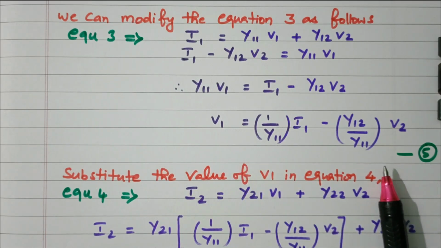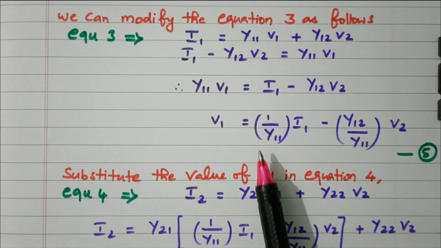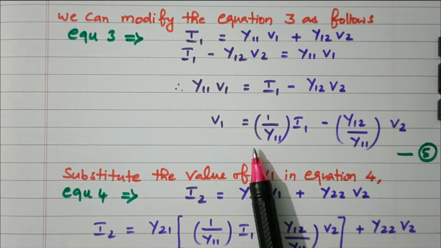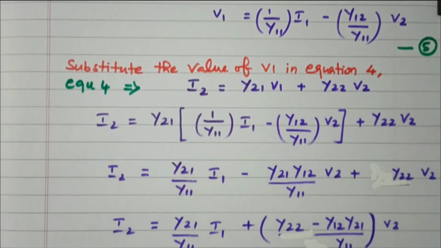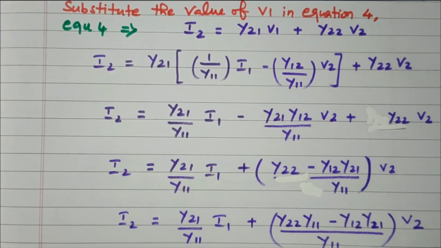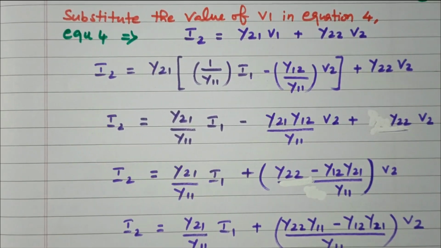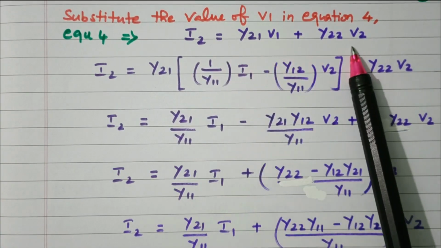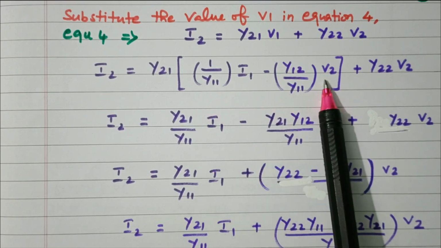Now we'll go to equation 4. So this is equation 4: I2 equal to Y21 V1 plus Y22 V2. In this, V1 we are going to substitute from equation 5. Now we'll see how we are substituting. In equation 4, V1 is replaced from equation 5.